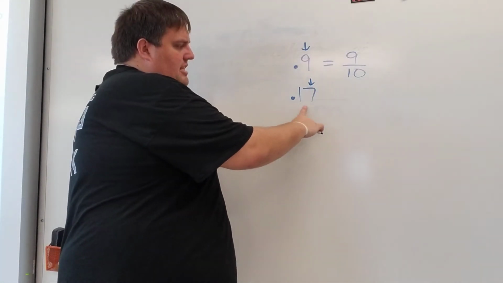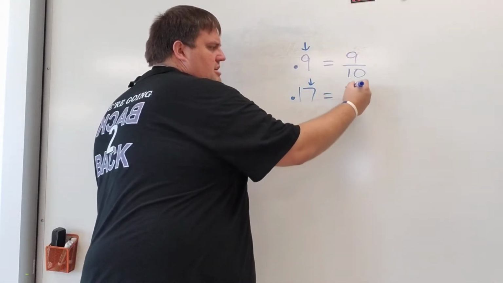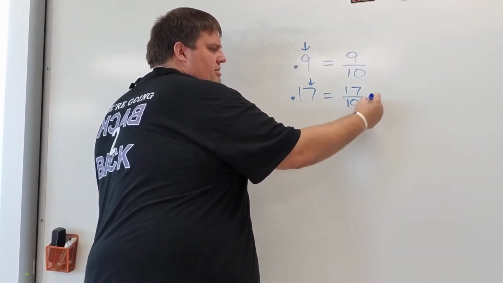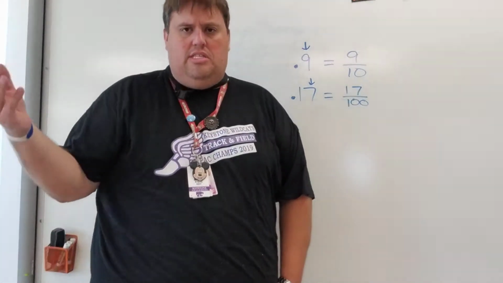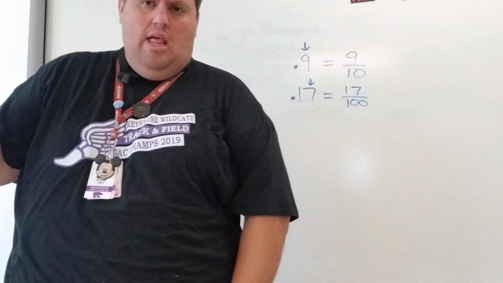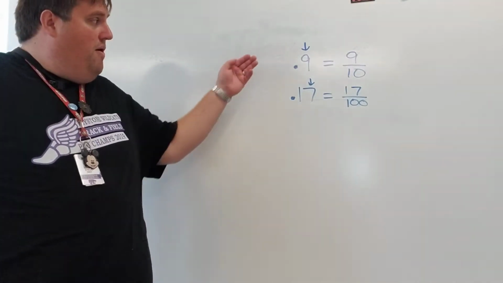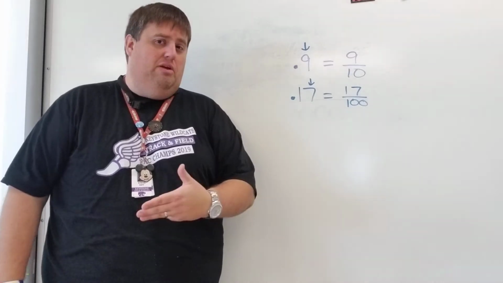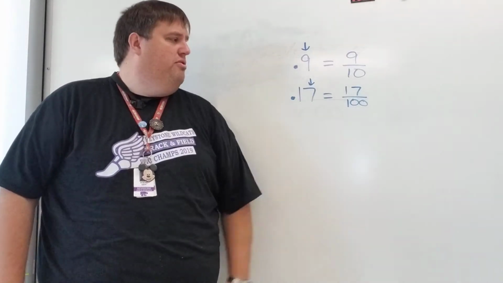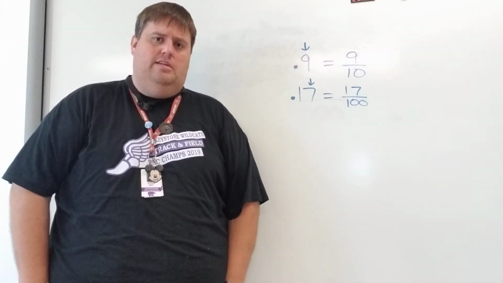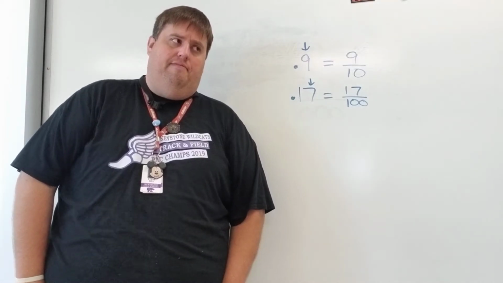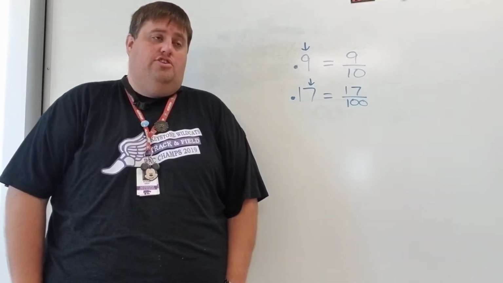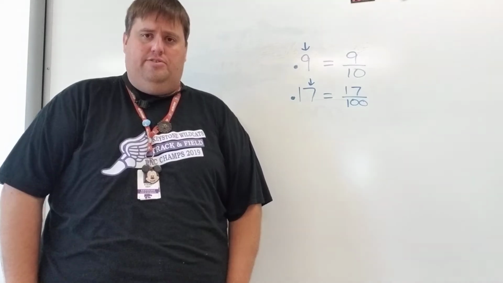It's in the hundredths place, so we're going to put that over 100. And obviously, if we can simplify those, then we need to do that. I'm guessing you probably know how to do this, it just needed a little refresh. So that's how you're going to prove that those numbers are fractions if you need to show a terminating decimal is rational.